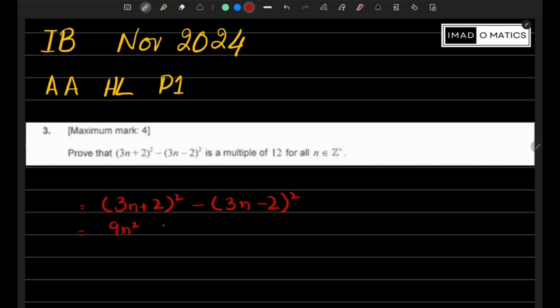That is 9n square plus 4 plus 2 into 3n into 2, minus, 9n square plus 4 minus 2 into 3n into 2.